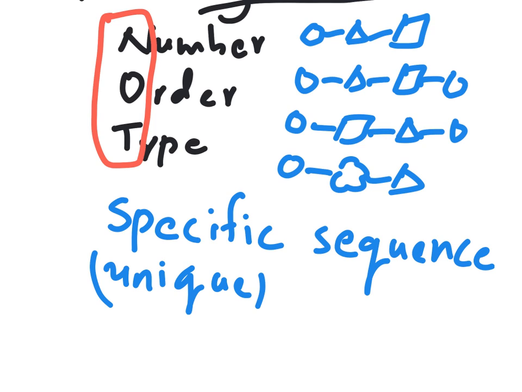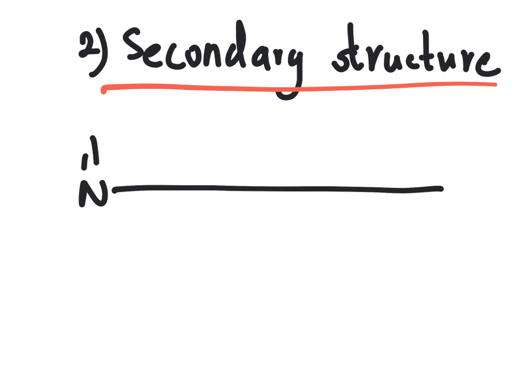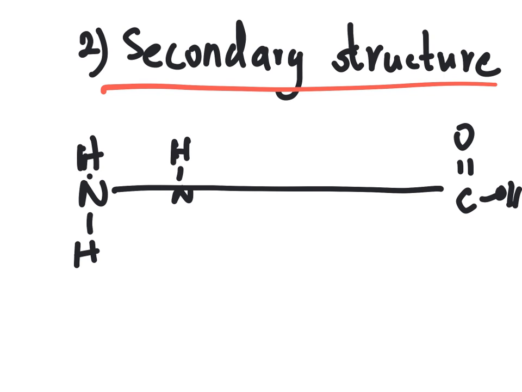So that's the primary structure. Okay, then the secondary structure. In the secondary structure, if you think about the polypeptide chain, in the backbone at one terminal we have the amine group, right? At the other terminal we have the carboxylic acid group. In between there are lots of amino acids. Let's say somewhere here we have another amine group, another carboxylic group, right?